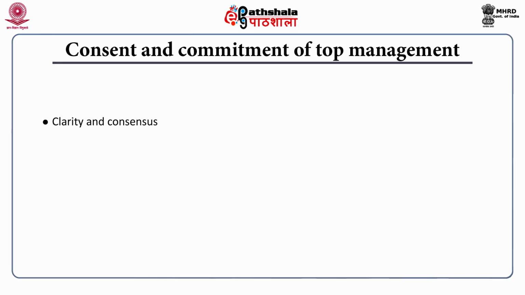The top management of the organization must have a clarity and consensus about the aims, performance measures, and performance targets. It helps in proper implementation of performance management system. Higher level of commitment by the top management sends positive signals in rest of the organization about the relevance of such system.